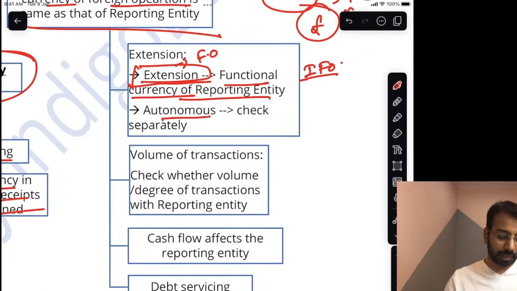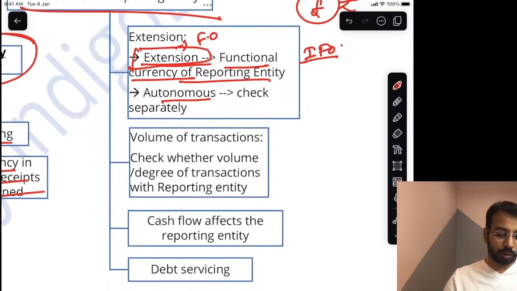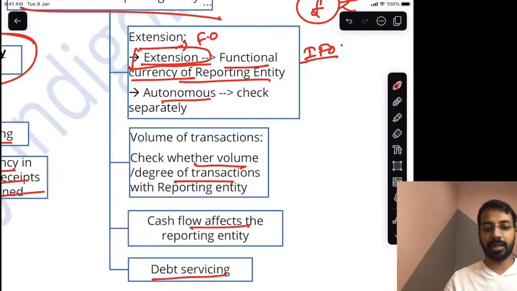If it is autonomous, then you have to see the volume of transactions, degree of relationship, the cash flow that affects debt servicing and all of those things, and based on these parameters you will decide whether the functional currency is the same or not.